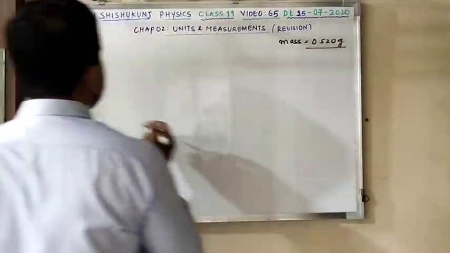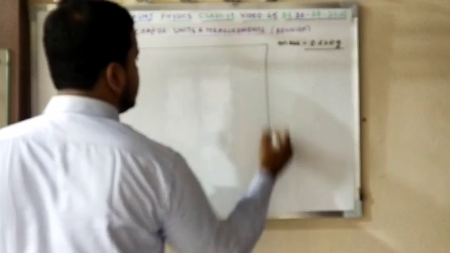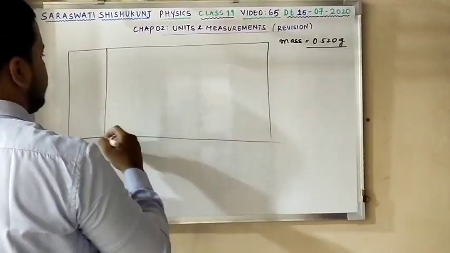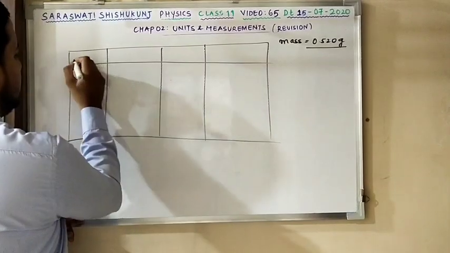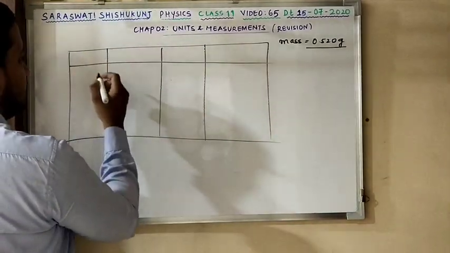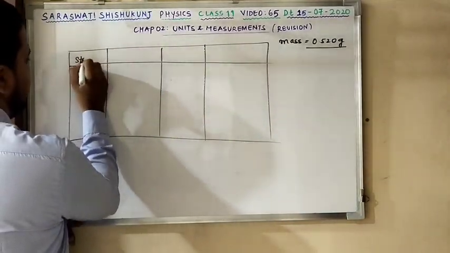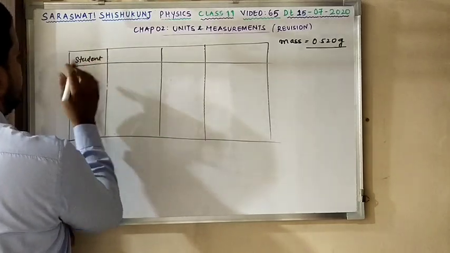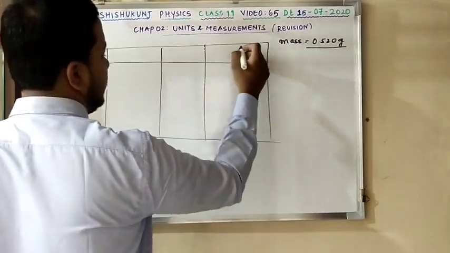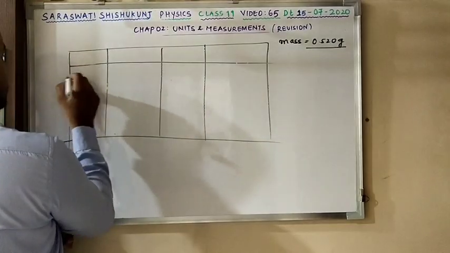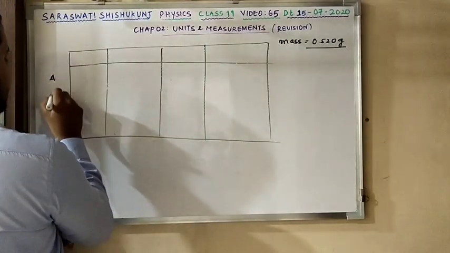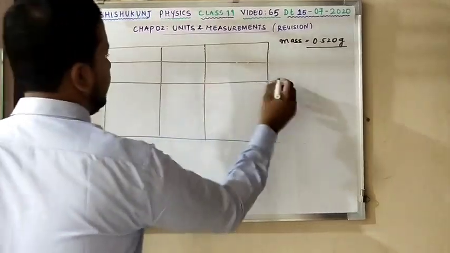Clear? So I can write here student, and one more column, three observations recorded by A, B and C.